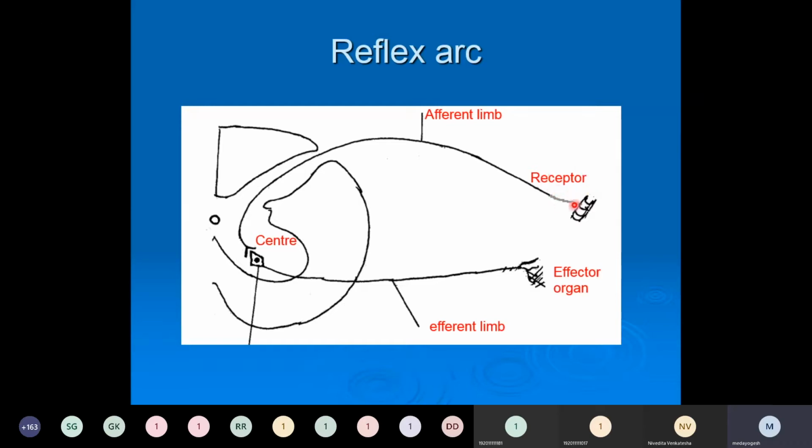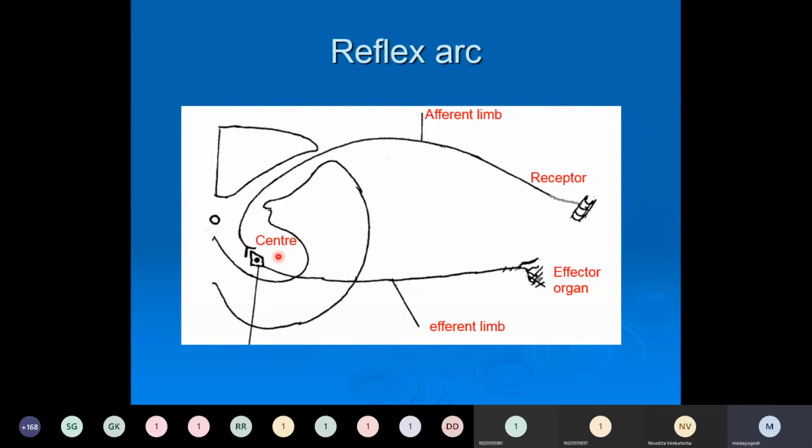For everything there was one particular specific receptor which gets activated when stimulated by its particular stimulus. For example, when there is a vibration sense, the vibration receptors get activated and carry the information and pass it on to the higher centers, going through the afferent limb, reaching the center. Now, the next thing is the center. It can be in the spinal cord itself. In some reflexes, we see the center is present at different places. We will be seeing that.